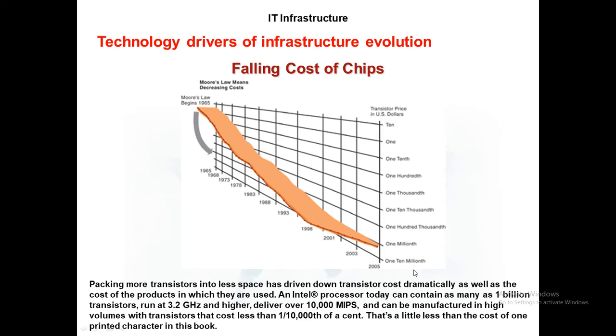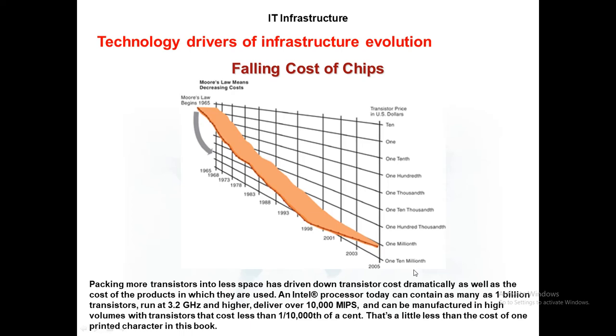The storage capacity was 1 GB, and you had to buy even memory cards, and by then a memory card of 1 GB would be around 40,000. But now just look at the prices.